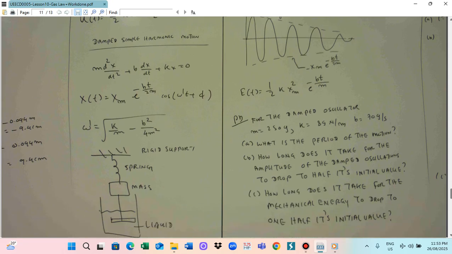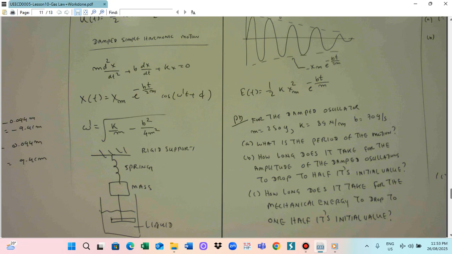The formula is h is equal to h_m e power minus bt by 2m, and the cos omega prime t plus phi. In this case, omega prime is the motion's frequency. So this formula is equal to the square root of k by m minus b squared divided by 4m squared.